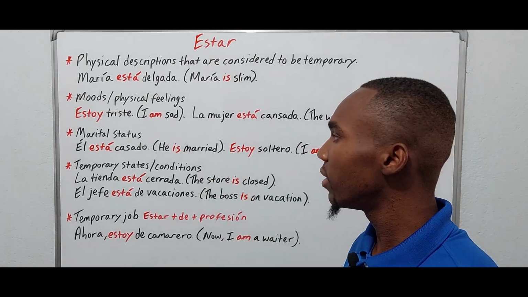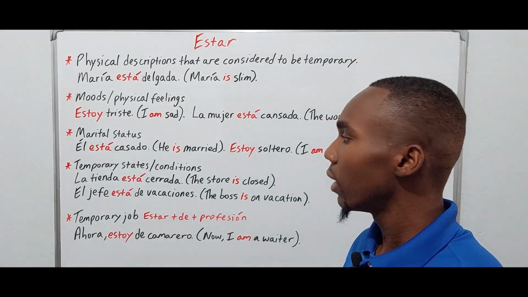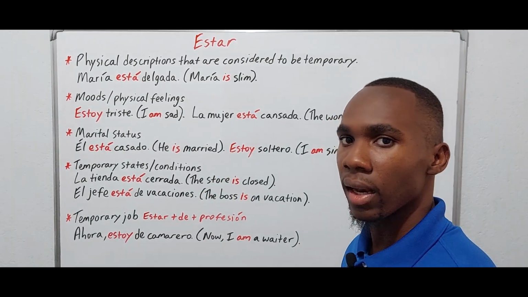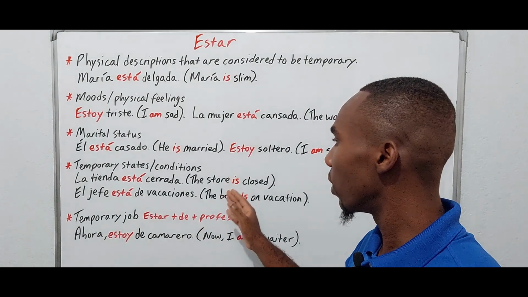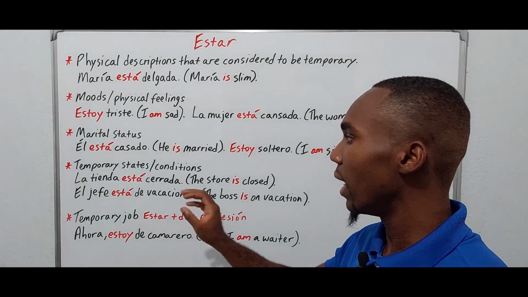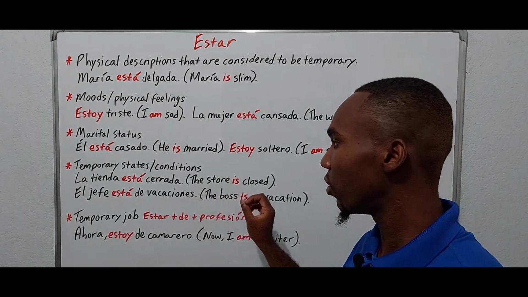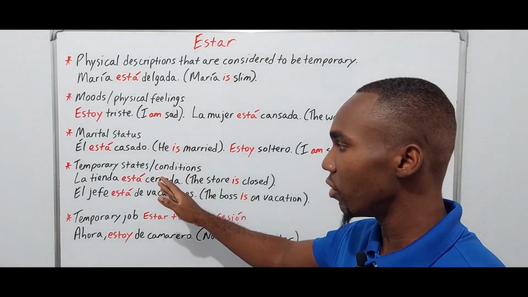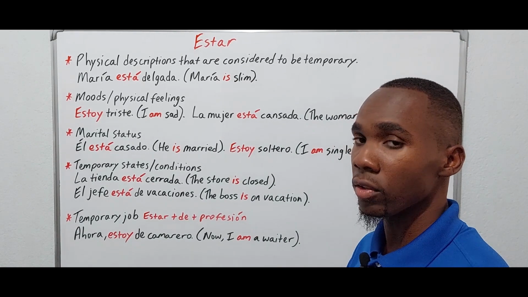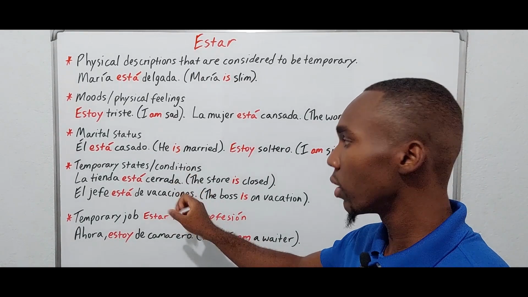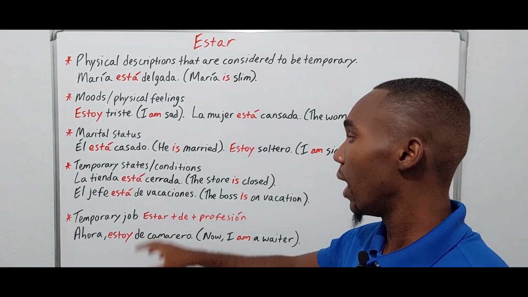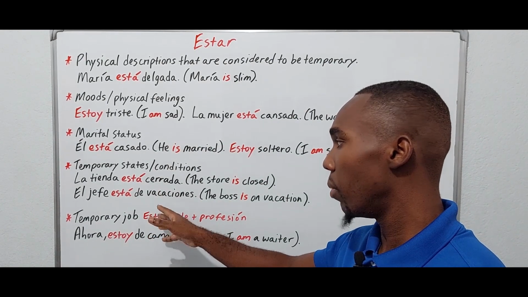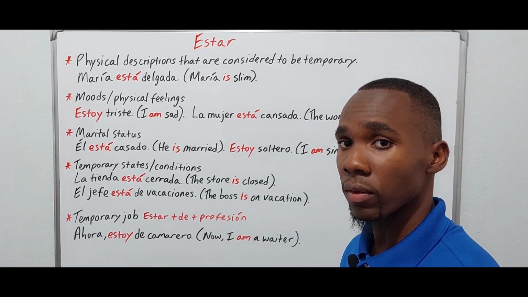Four. Temporary states or conditions. La tienda está cerrada. Okay? The store is closed. El jefe está de vacaciones. The boss is on vacation. So in both of these scenarios, will those last forever? No, because the store has to open at some point and the boss has to return to work, okay?